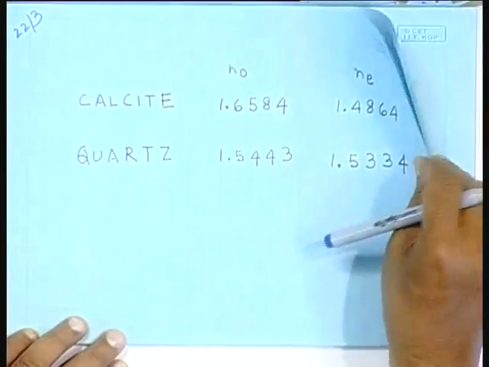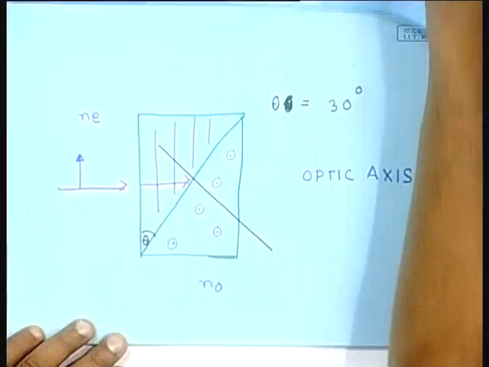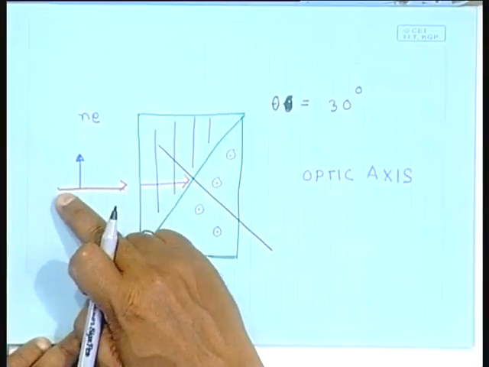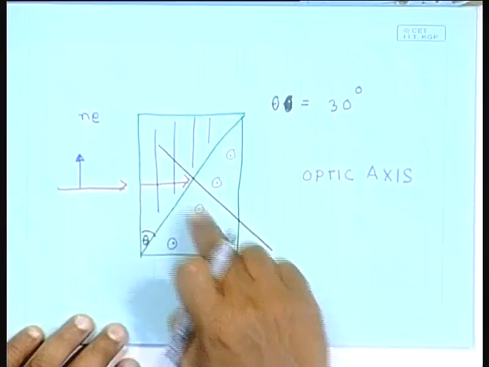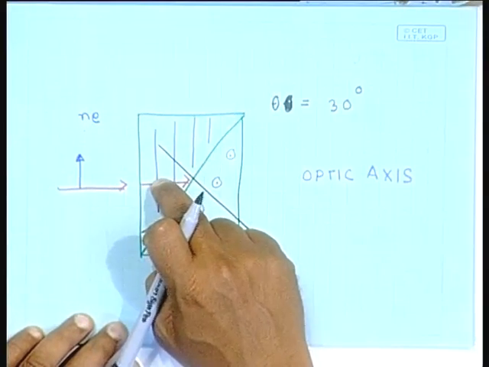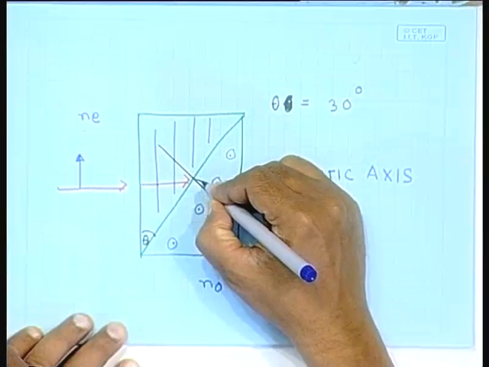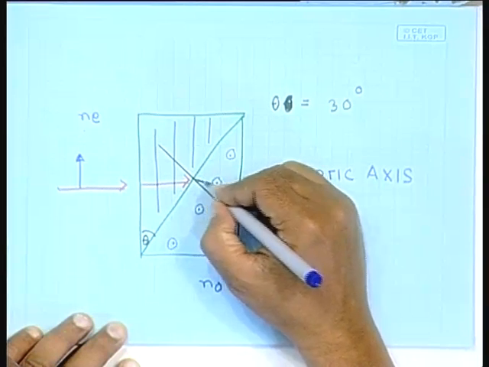So, this wave, which is extraordinary here and ordinary here, is going from a rarer to a denser medium. So, it will move closer to the normal.